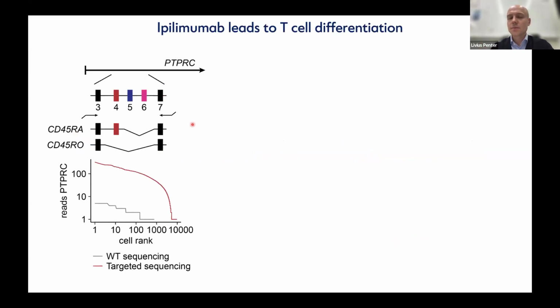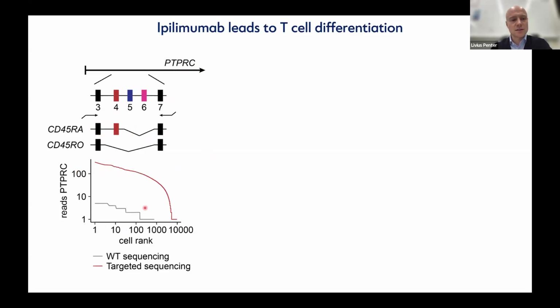And by performing targeted sequencing of the PTPRC gene, which encodes CD45, you can distinguish these isoforms by looking at exon 4. And we did this, and the nice thing is that if you perform targeted sequencing of the PTPRC gene, you can dramatically increase the coverage of cells where you pick up PTPRC transcripts.